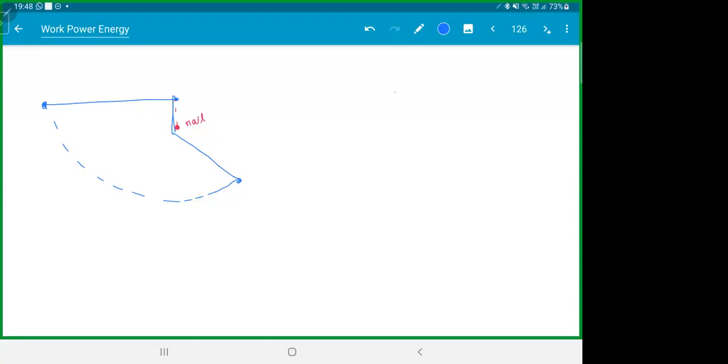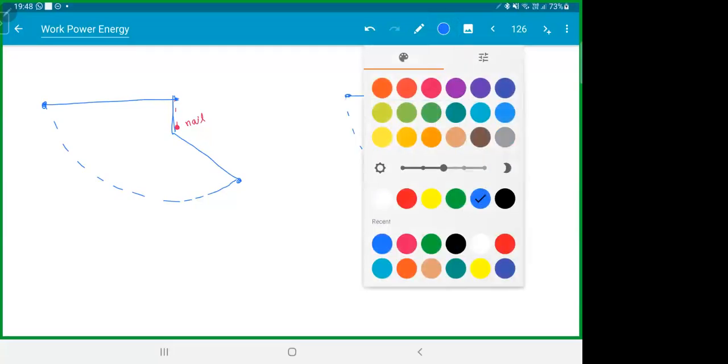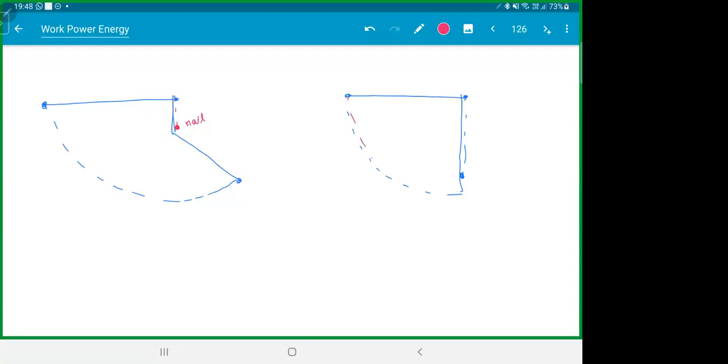If you keep it too low, this will hit the nail, so this is fixed here, and then this will go in a circle like this. You're getting the point? If you keep the nail too high, there is a chance it won't complete a circle. It will just swing and will go back again.